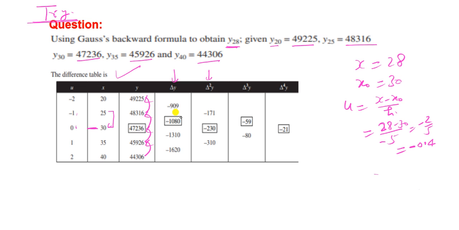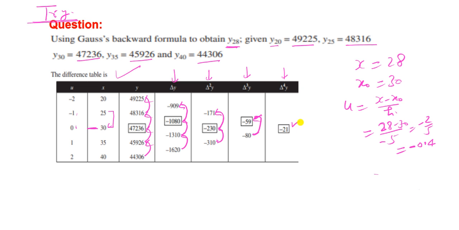Now the second order forward differences: minus 171, minus 230, minus 310. The third order forward differences: minus 59, minus 80. And the fourth order forward difference: minus 80 plus 59 is minus 21.